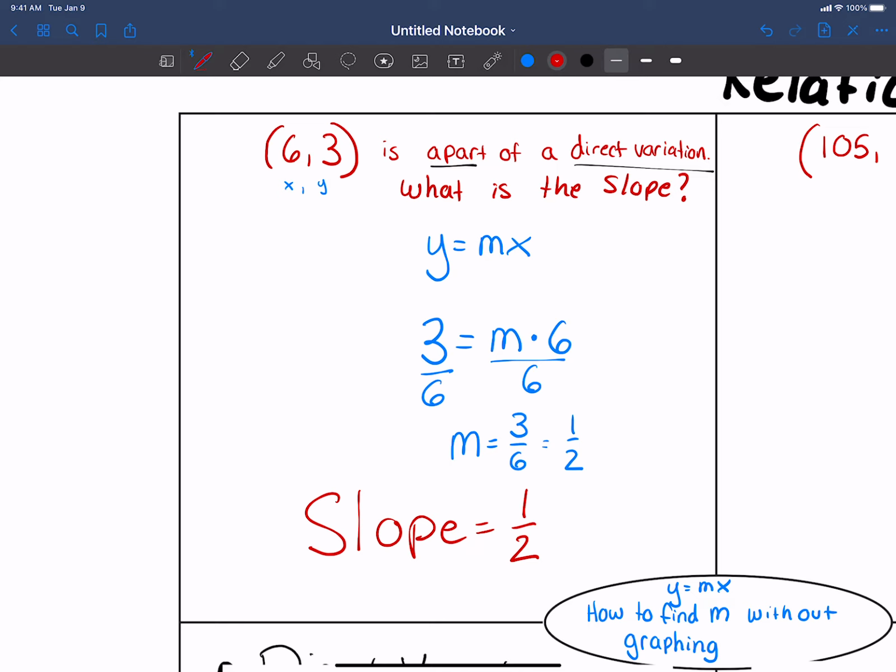(105, 15). And this is another way that the question might be asked. It says they are directly proportional. Find the slope.